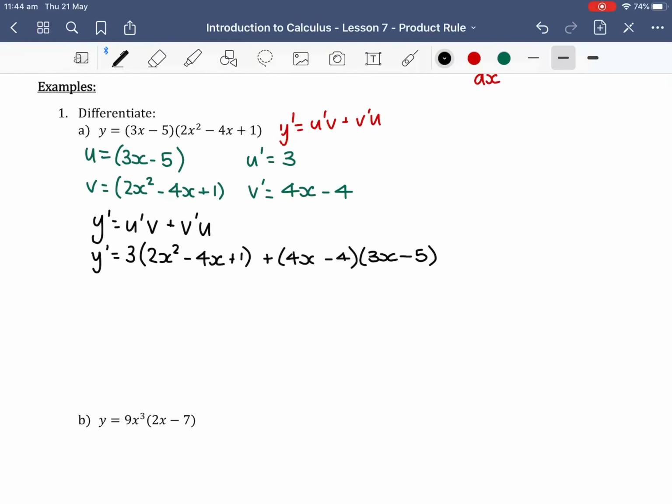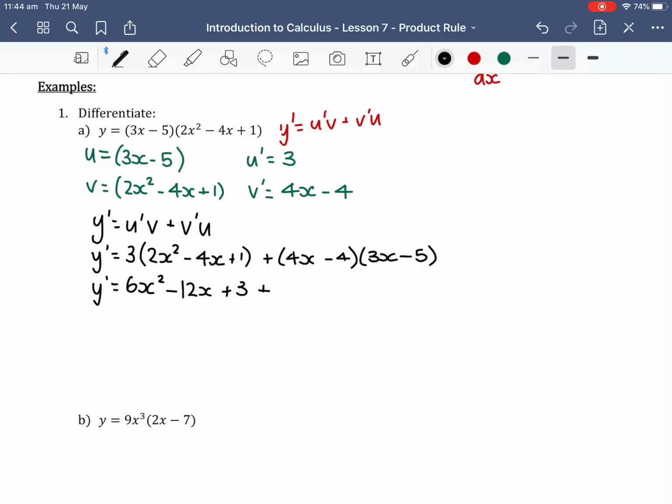So now we have some expanding and some collecting of like terms. So we have y dash equals 3 bracket 2x squared minus 4x plus 1. So we're going to multiply our 3 in. So we have 6x squared minus 12x plus 3.